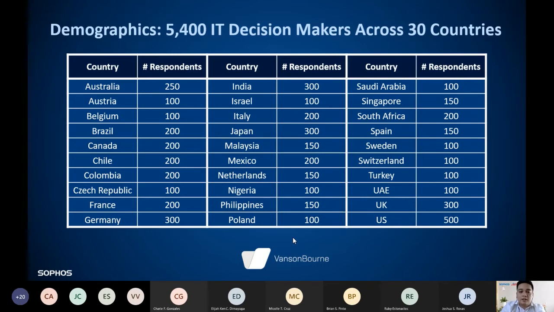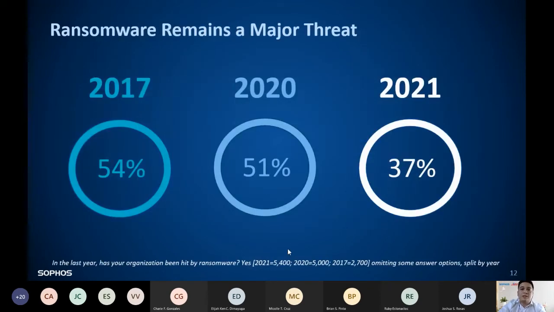What we could see is that since 2017, through 2020 and 2021, the silver lining is that it's going down. Ransomware as a major threat is going down, primarily because organizations are doing their best to acquire and become more familiar with cybersecurity solutions.